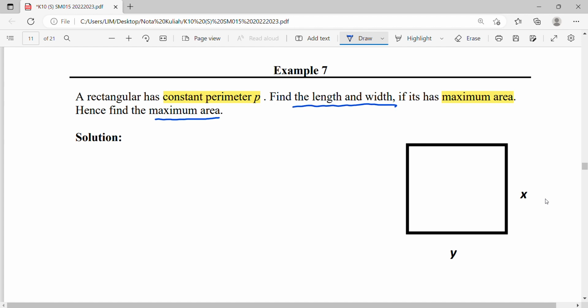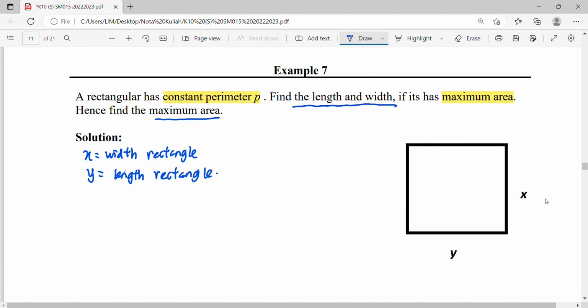First we define our unknowns. Let x be the width of this rectangle, and y the length of the rectangle.